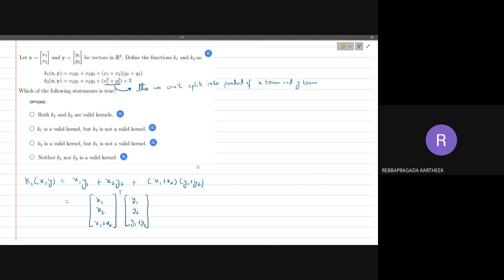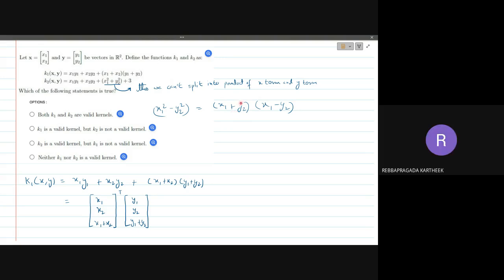You can write this as x1 plus y2 into x1 minus y2, using the formula. But still, this cannot be factorized into a product of x term and y term. If you have only x terms in one place and only y terms in the other, then you can factorize this into vectors, right?